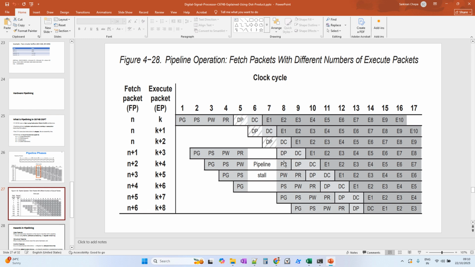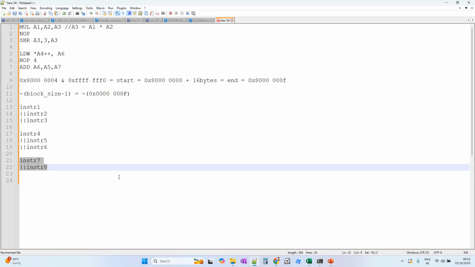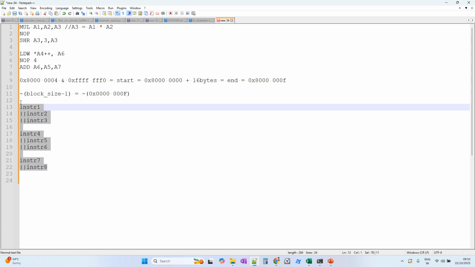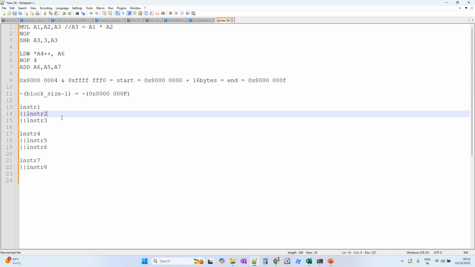That's the idea. 2 instructions are stalled in this case, because we had 3 execute packets in this one. Because of that, 2 stalls have come in the entire pipeline.